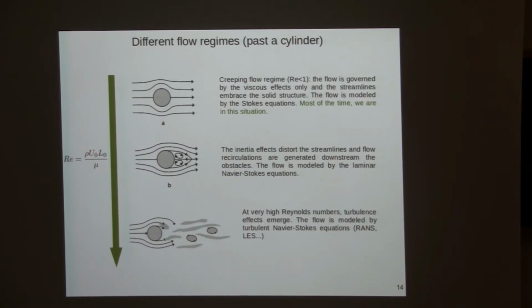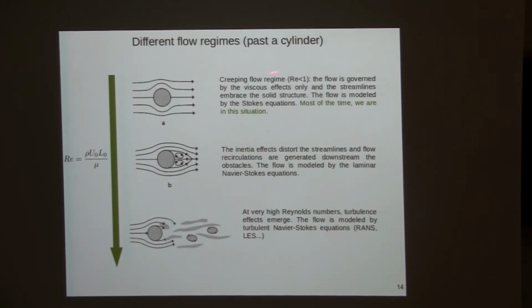And what you will find in any fluid mechanics textbook is this experiment. So you have a cylinder, and we inject a fluid around the cylinder, and we look at the flow pattern. So if the Reynolds number is very small, when I say very small, it's below 1, so is negligible, you can see that the streamlines follow the shape of the obstacle.